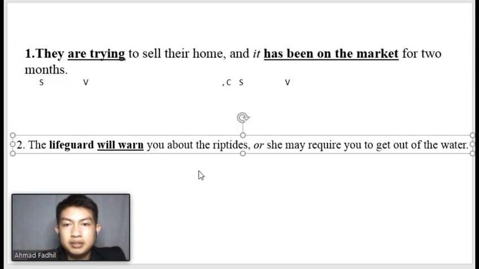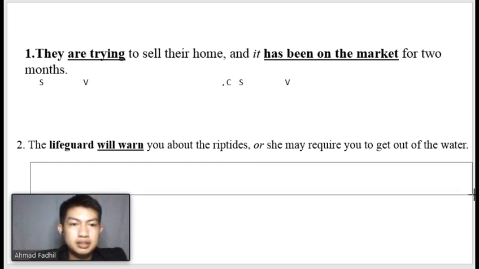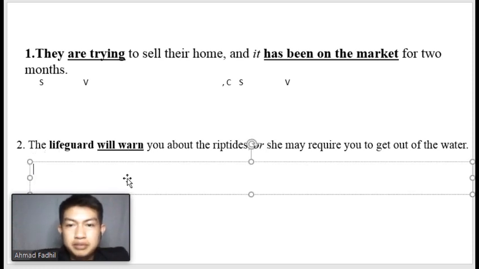We move to the second question. The lifeguard will warn you about the red tide, or she may require you to get out of the water. Here, the lifeguard is the subject.